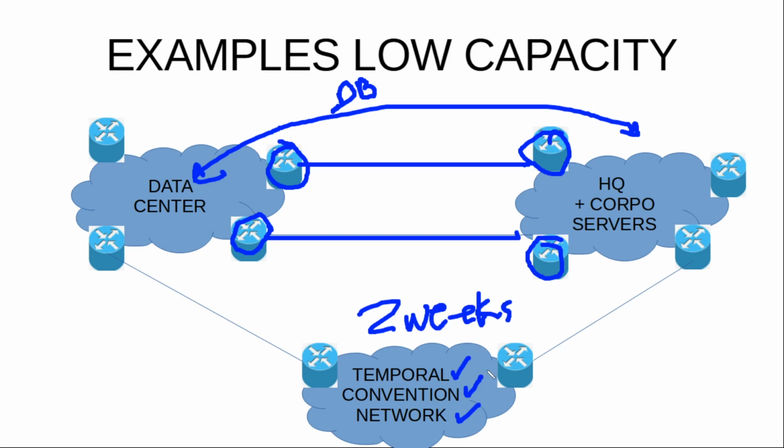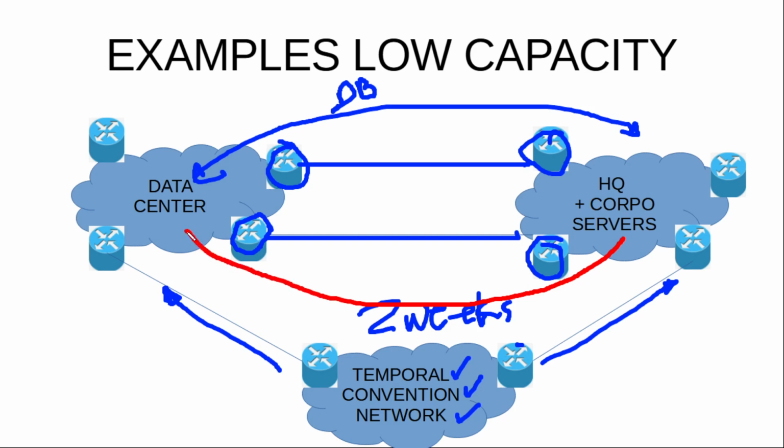It is temporary, and it still needs access to your corporate offices and to your data center offices. So in this case, you really don't want this network to become a transit network between these two locations. You don't want that.